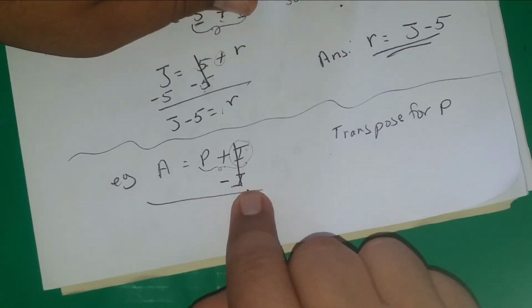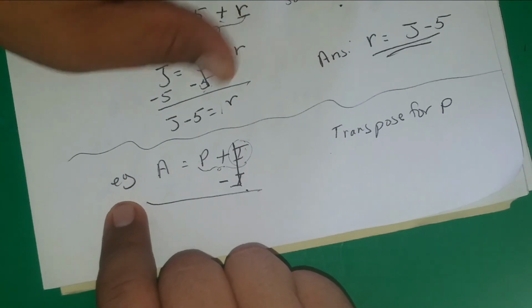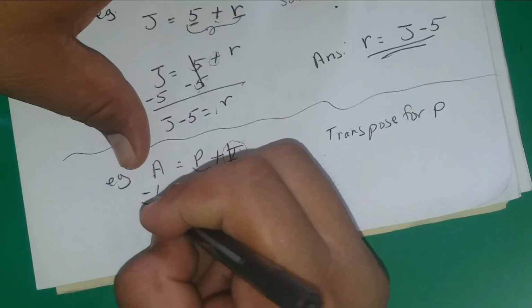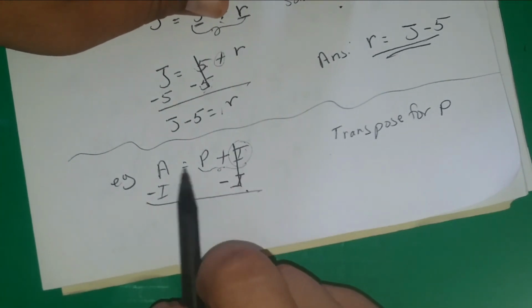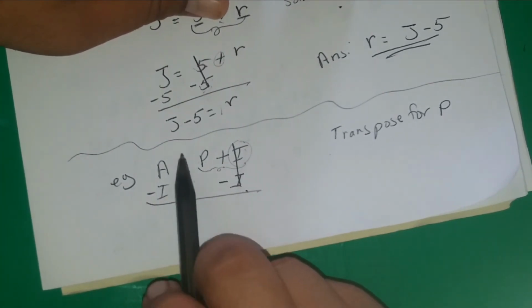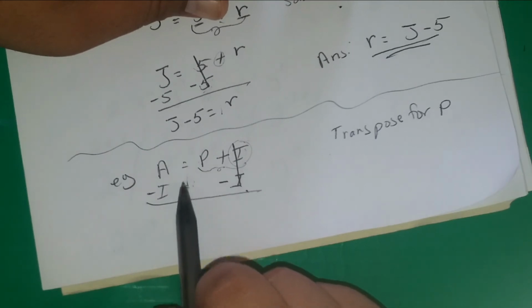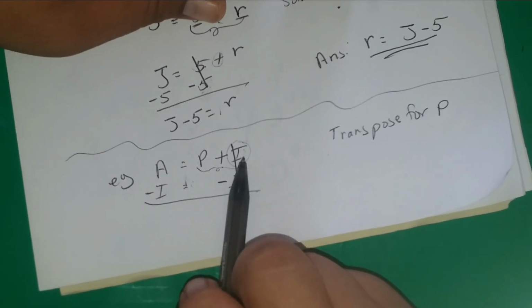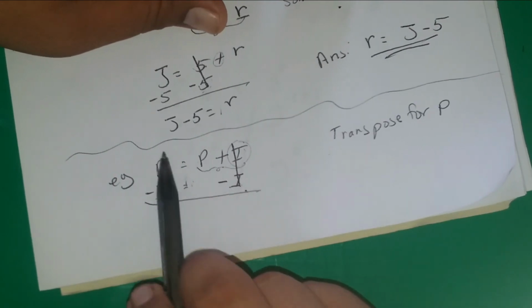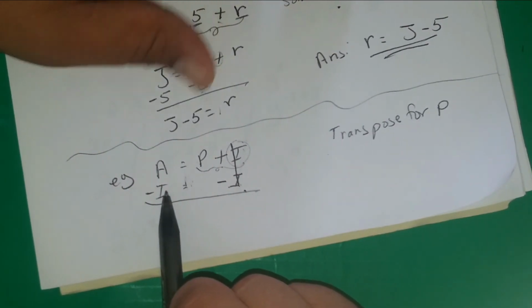What I do to the right, I must do to the left: minus I. When I'm saying left and right, it means the other side of the equal sign. The equal sign separates the two sides. The left is this side, the right is this side. We said minus I on the right, so we say minus I on the left.